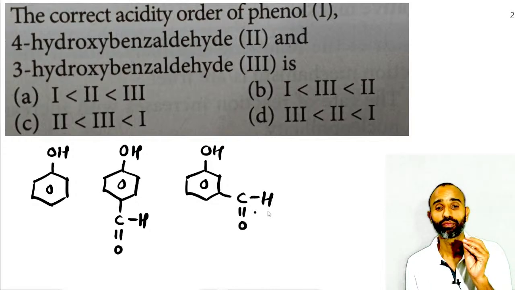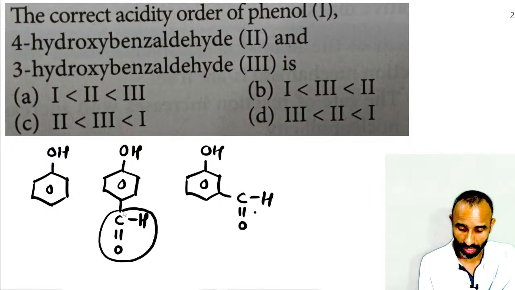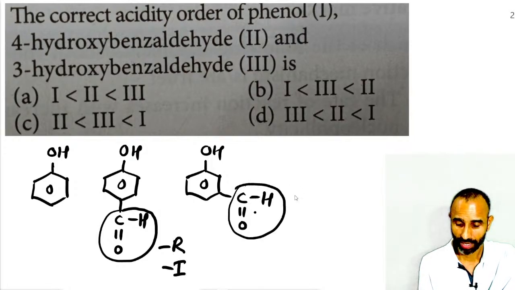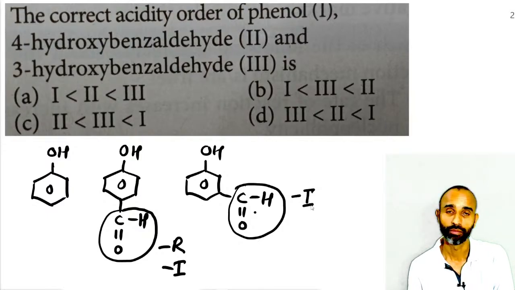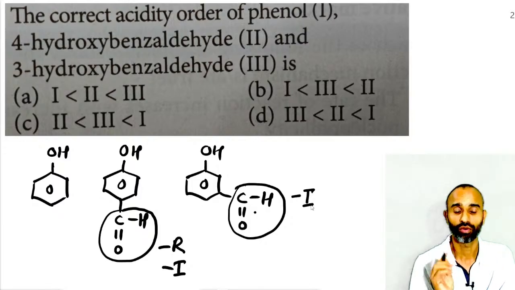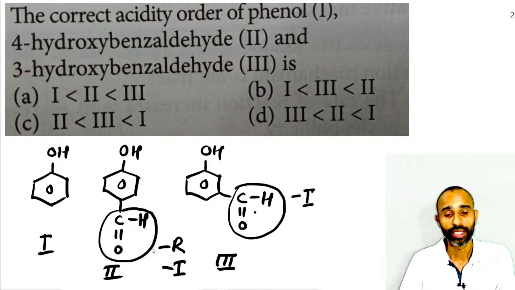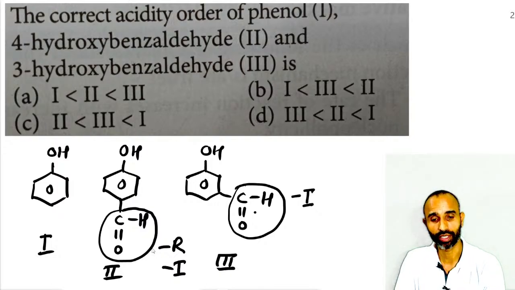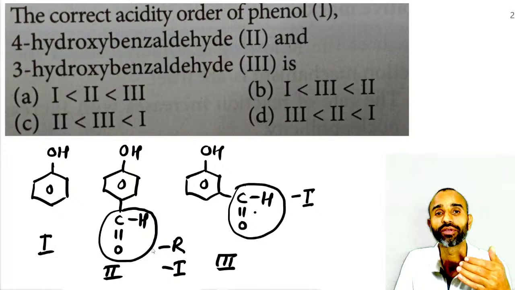So it has minus R effect, right? CHO group has minus R effect and minus I effect. But at meta position there is no resonance. Resonance takes place at ortho and para only. So if we compare 2 and 3, in both cases CHO is electron withdrawing, but because of different effects.